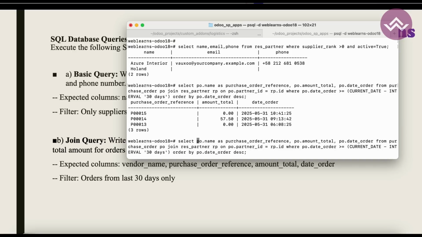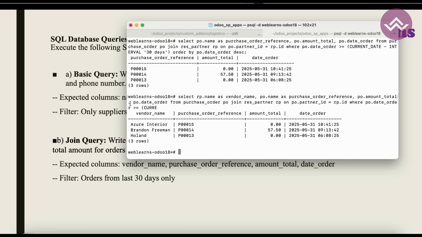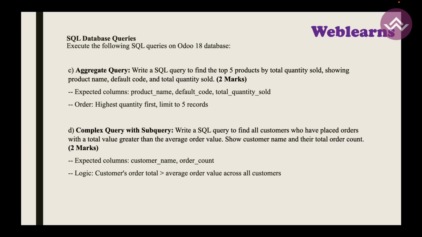Here we have to use rp.name as vendor. Now you can see in 30 days we have purchase orders 13, 14 and 15. The amounts are 0, 57 and 0. Now jump to the third query, the aggregate query.